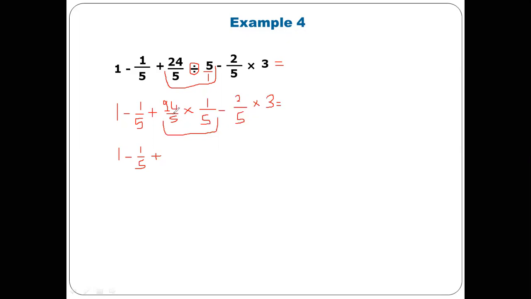It's clear that 24 and 5 don't share a common divisor, so I just multiply the denominator by the denominator and the numerator by the numerator. I copy the rest of the expression to get other operations done.